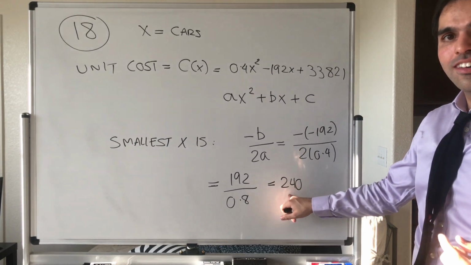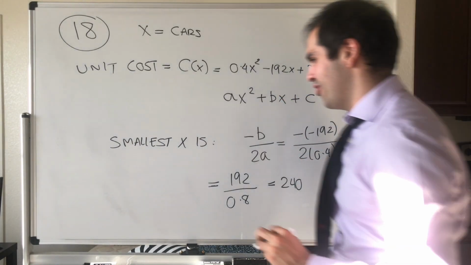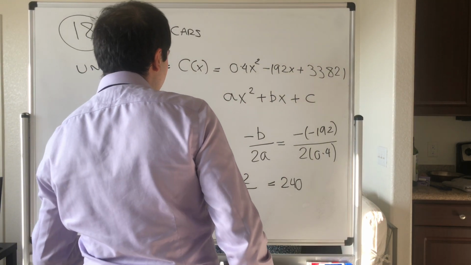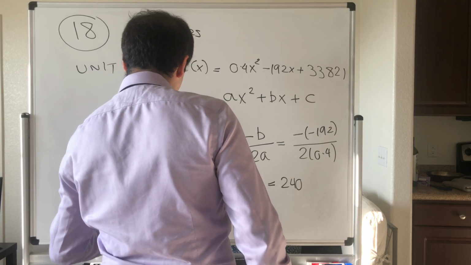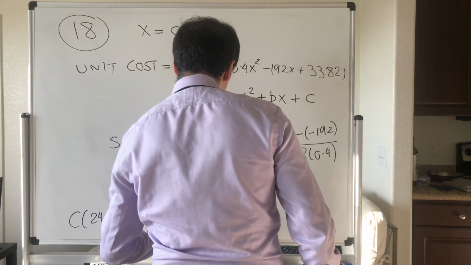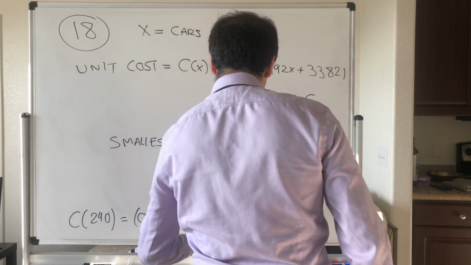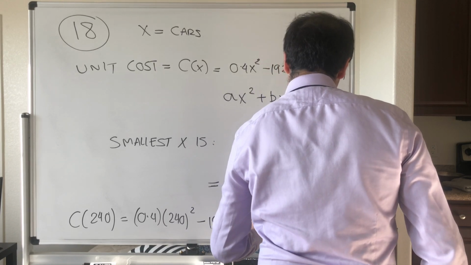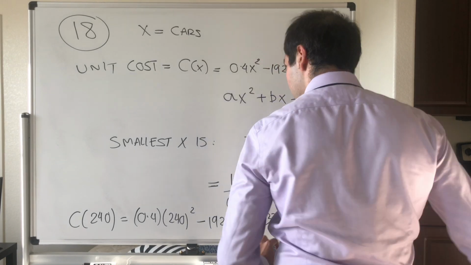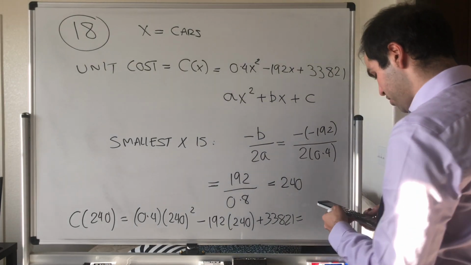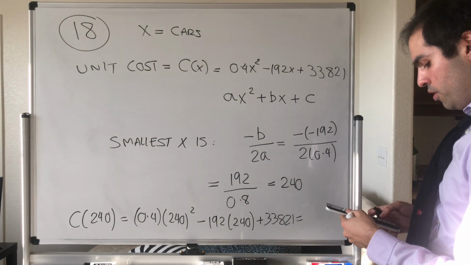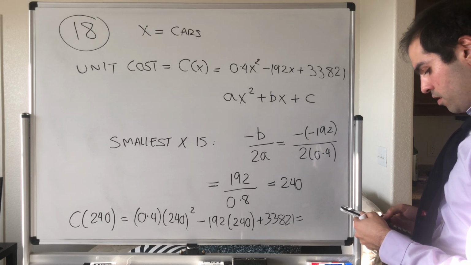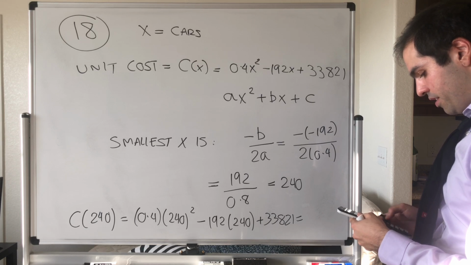The optimal number of cars, or the best x, is 240, but that's not the smallest cost. The smallest cost is C of 240. So the answer is C of 240, which is 0.4 times 240 squared minus 192 times 240 plus 33,821. And now let's calculate that. So 0.4 times 240 squared. Gotta get used to that.